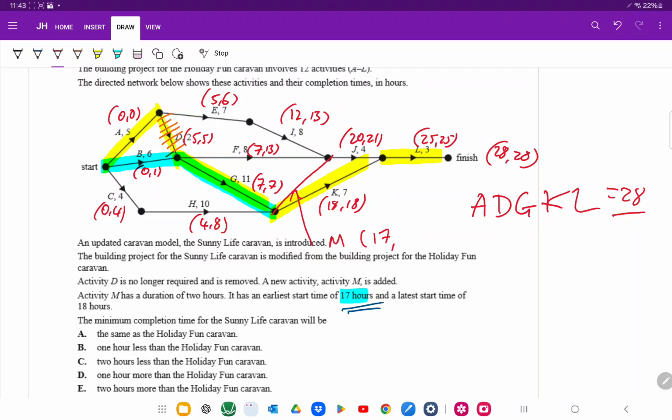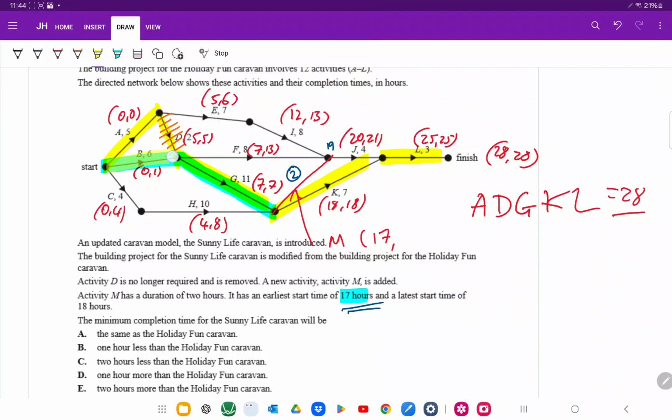And we need to investigate now if our critical path has changed. So we've got 6, 11, 17, plus 2, because M now has a duration of 2. That will give us 19.